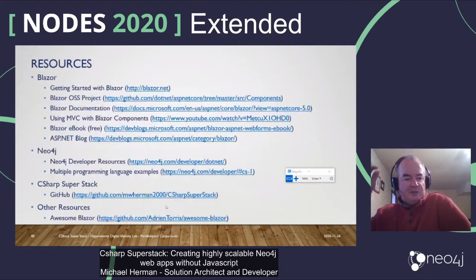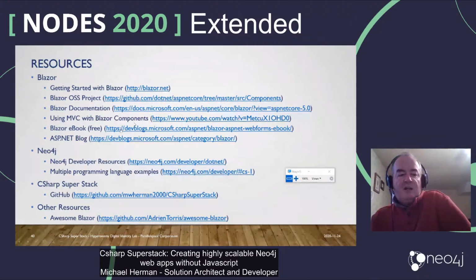Here's a list of resources. Tried to keep this relatively concise. The top one redirects you to the Microsoft MSDN pages for BLAZOR. There's the open source project itself. There's the formal documentation. This is actually an interesting example when you want to combine the BLAZOR component model with existing MVC apps.